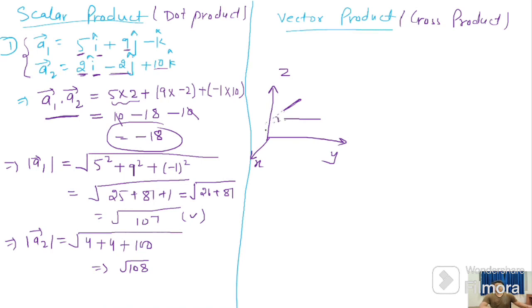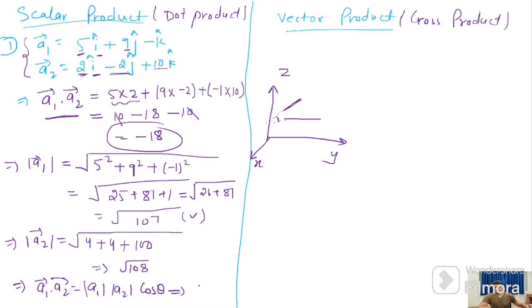How can we find the angle? We know the scalar product a1 dot a2 equals a1 magnitude times a2 magnitude times cos theta.